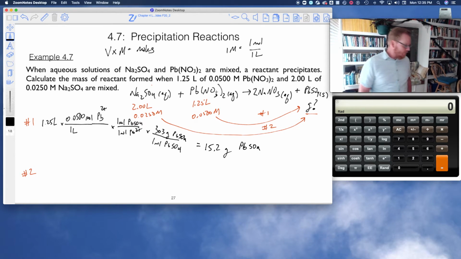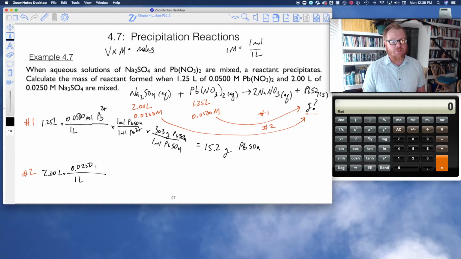So now let's start with the sodium sulfate solution instead. So I'm going to start with the 2.00 liters. I recognize in 1 liter of that solution, there's 0.0250 moles of sulfate. So sulfate is the important ion. That's the one that's reacting.